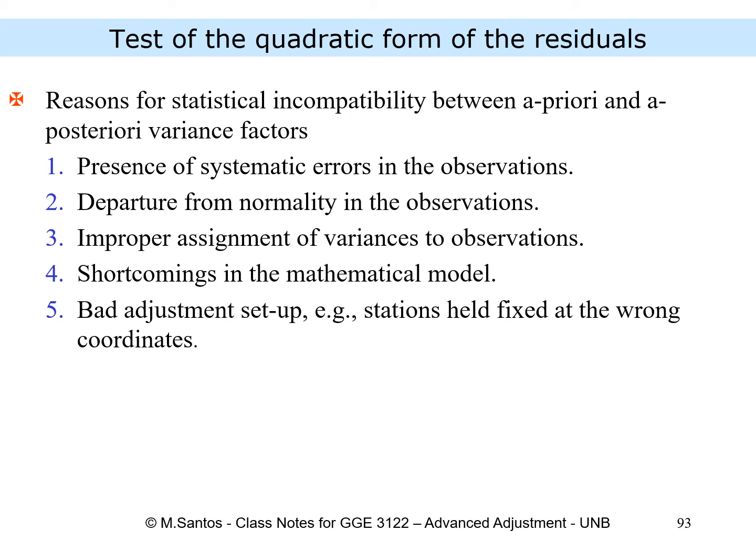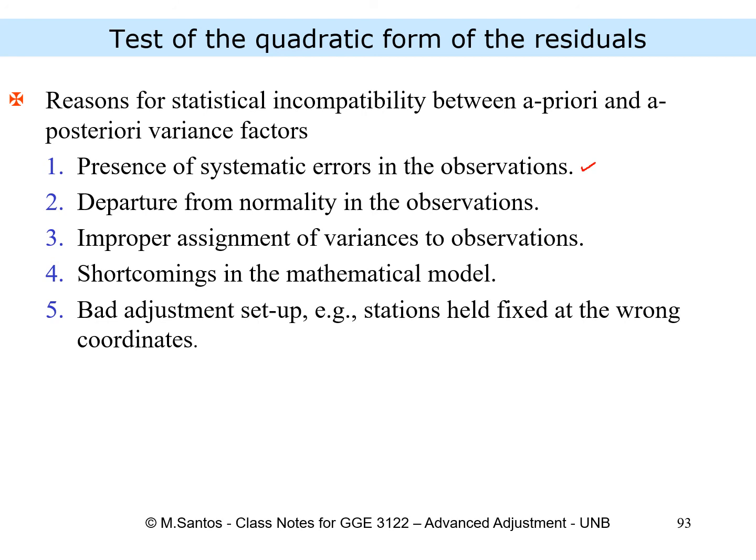If the test fails, what might be wrong? So let's look at it. Presence of systematic errors in the observations. Essentially there are outliers and there are systematic effects that have to be treated.